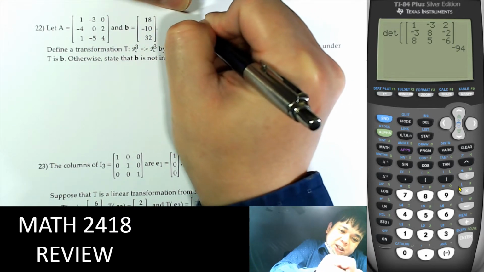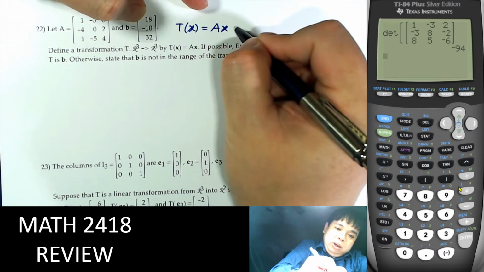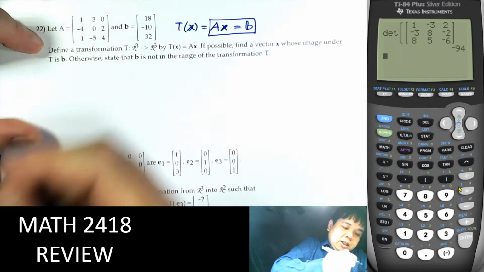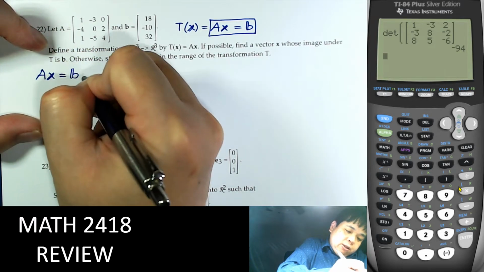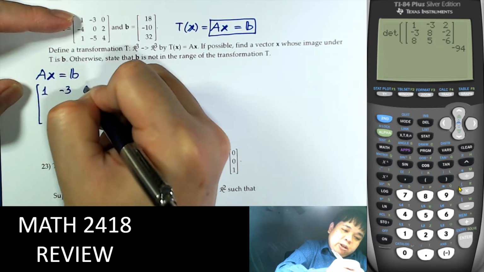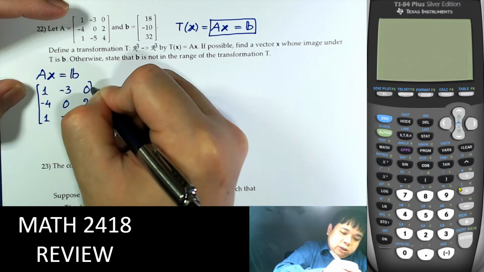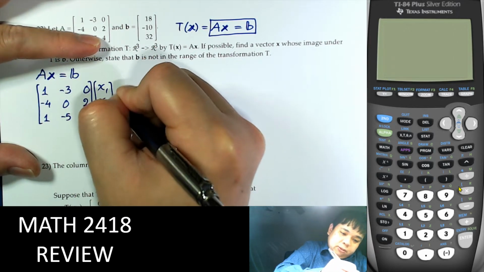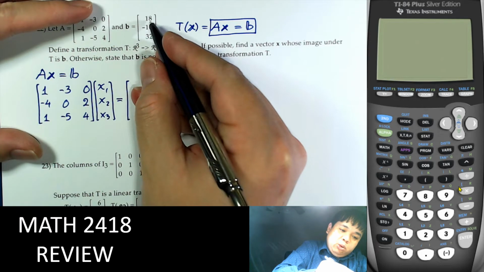We have T of X equal to A of X, and this time we want that to be B. So pretty much we solve the system A times X equal to B. This is A. So we will write A as 1, -3, 0, -4, 0, 2, 1, -5, and 4, times X, which is in R3, equal to also a vector in R3, which is B.